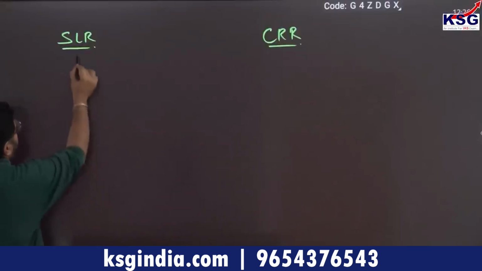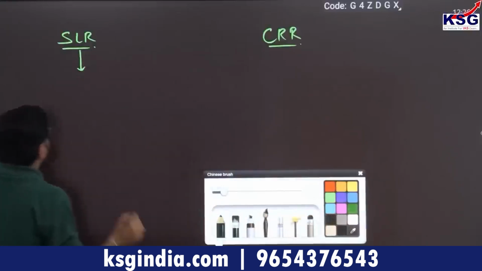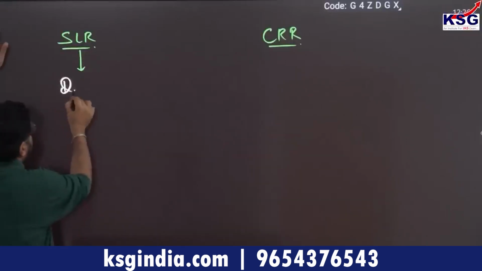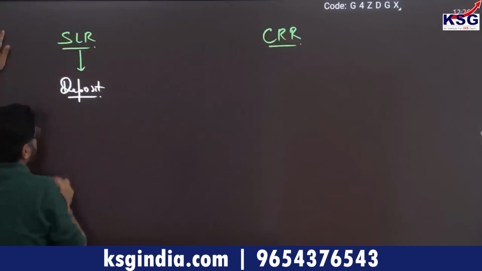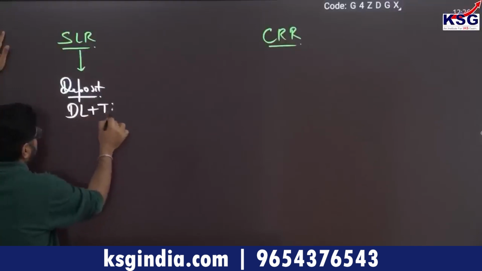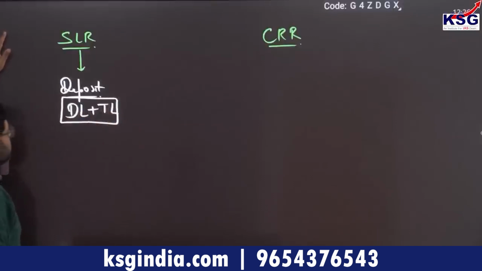Now if I talk about SLR, whatever deposits that banks have, that is in the form of DL plus TL, demand liability plus time liability.